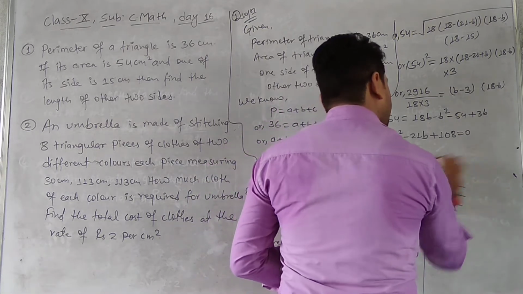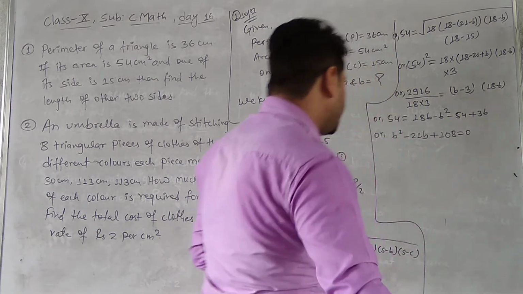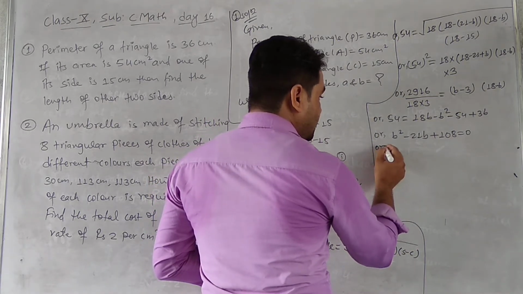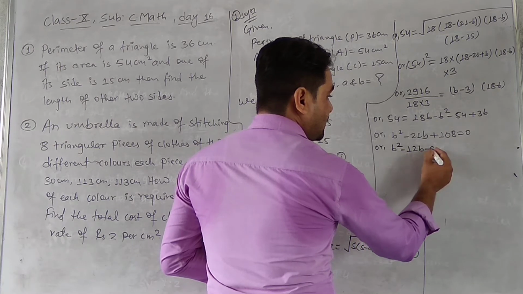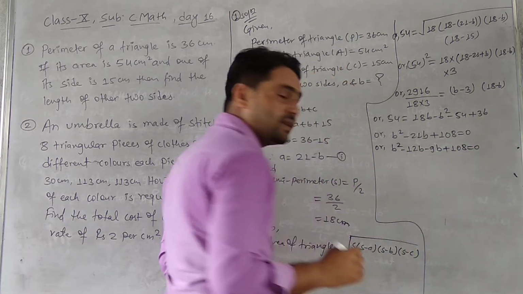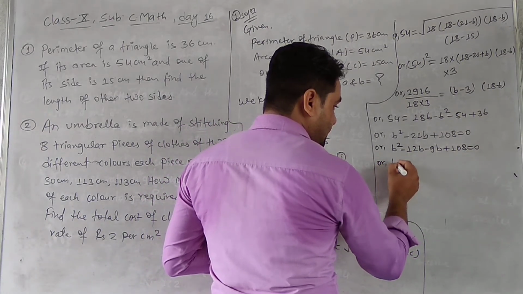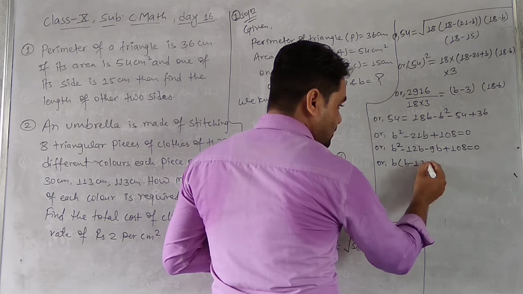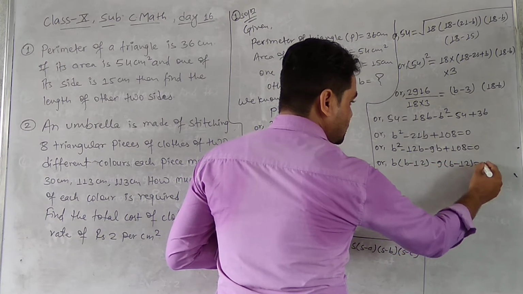So in place of 21 we can write 12 and 9. Yes or not? So we get b square minus 12b minus 9b plus 108 equals to 0. Let's take the common out of 2. b minus 12, minus 9, so b minus 12 equals to 0.